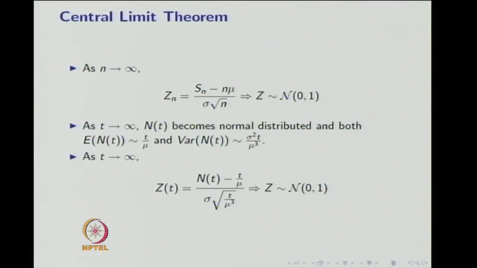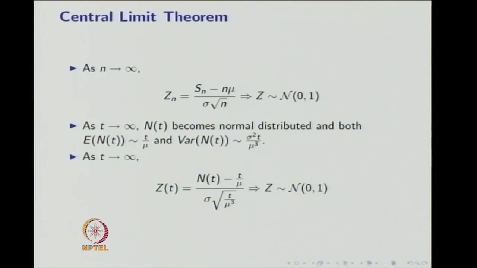So as n tends to infinity, the mean of Sn is n times mu, and the variance of Sn is sigma squared n, and the random variable minus its mean divided by the standard deviation is normally distributed with mean 0 and variance 1 as n tends to infinity.